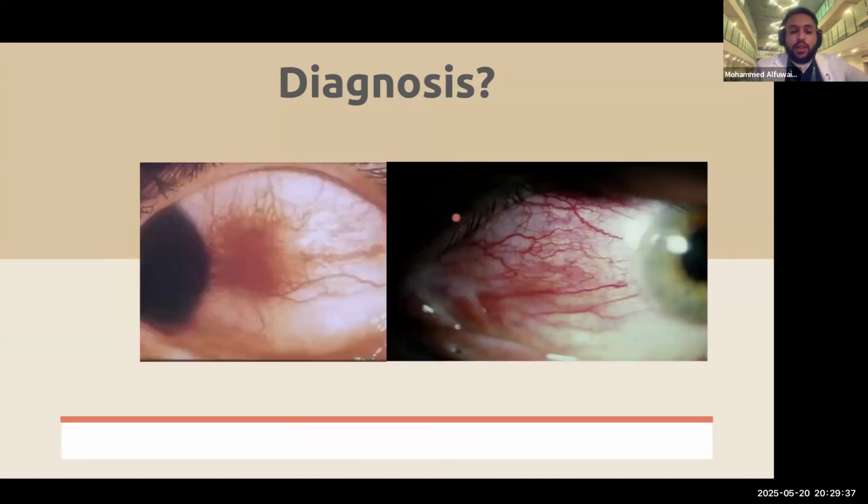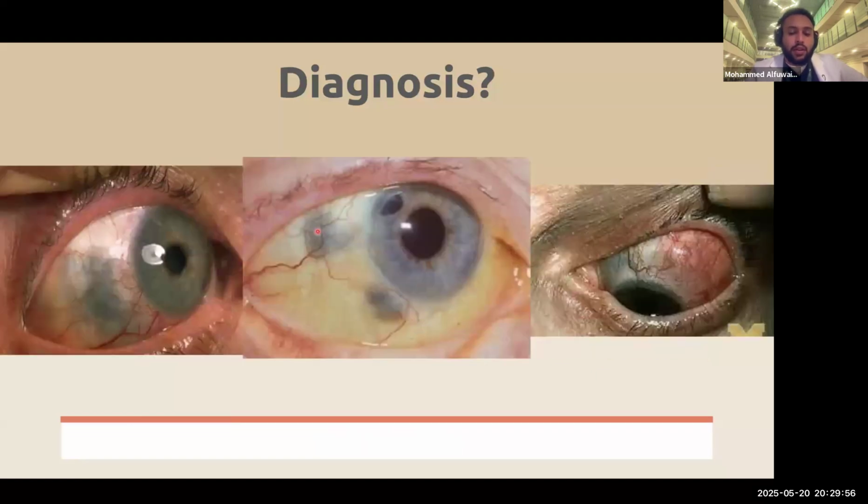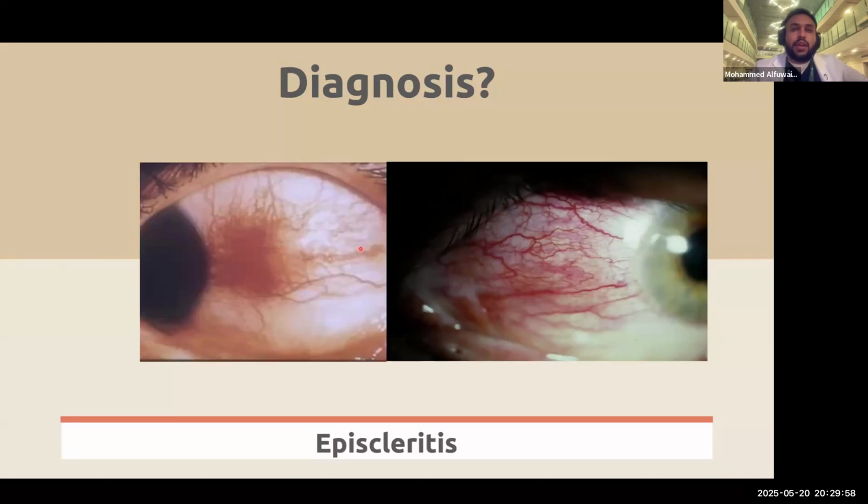Now, if you start to involve the conjunctiva and the sclera, this is what we call episcleritis. When would we see episcleritis and in another case scleritis? In autoimmune rheumatologic diseases typically. This is episcleritis.